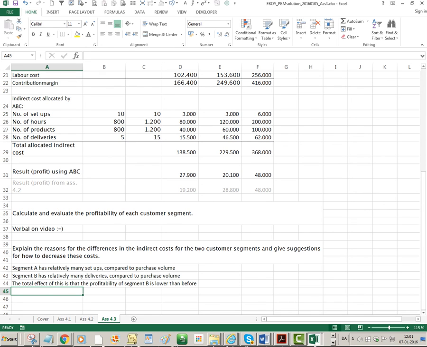Okay, how could we decrease the cost? Give suggestion to decrease the cost.